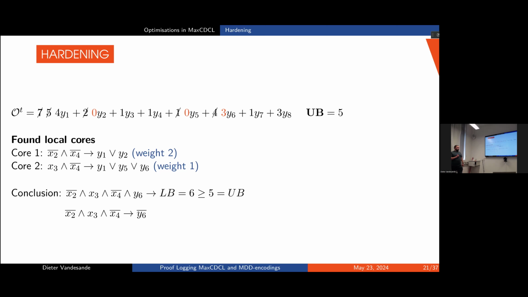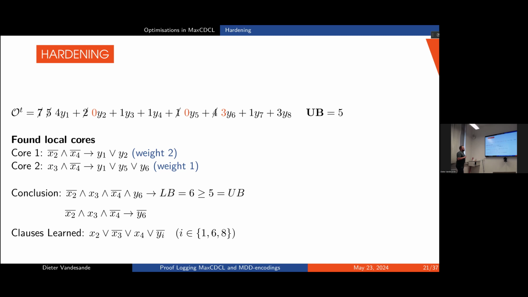So what we actually want to derive is a clause that says if x2 is false, if x3 is true, if x4 is false, then y6 needs to be propagated false. That's what this clause means.